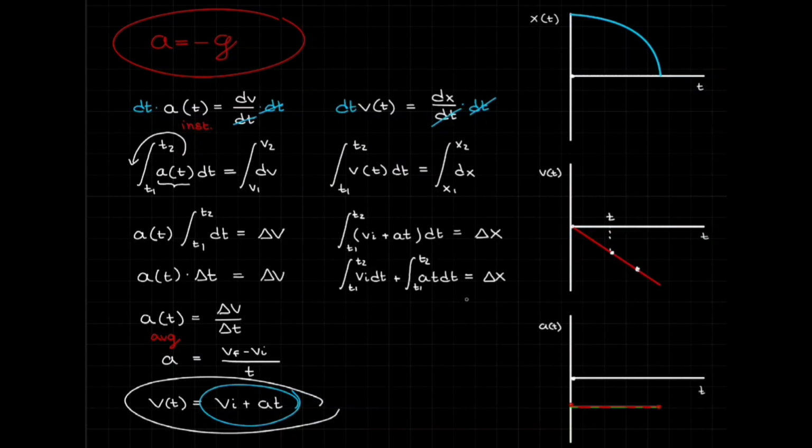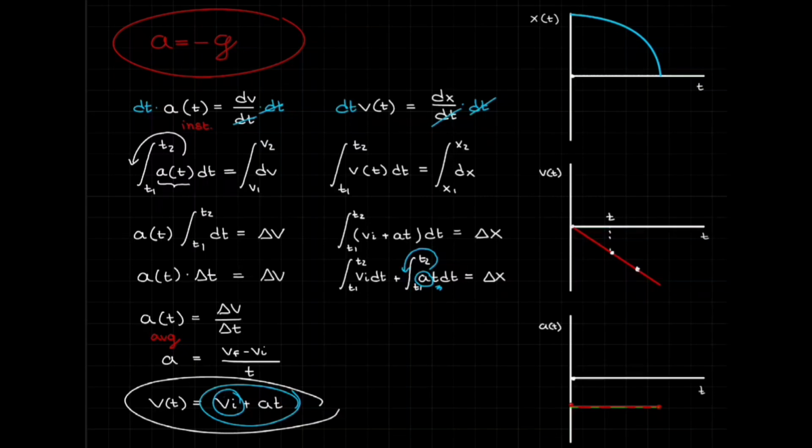Things might get a little harder to see, but I'd like you to notice that the acceleration, remember that it's a constant, we can actually just pull this out, right? And then we're just left with the time variable, which we can integrate very easily. And on the left side here, we have the initial velocity. Remember, we defined it as a constant. We look at the final velocity as a function, but the initial is a constant.